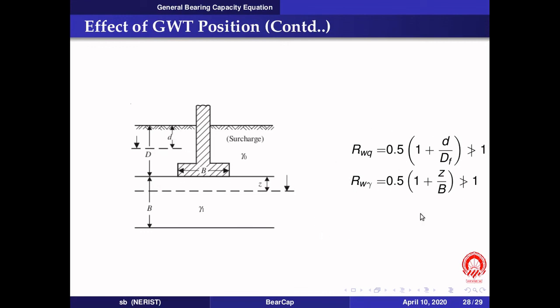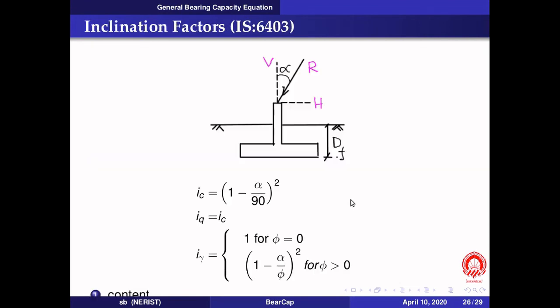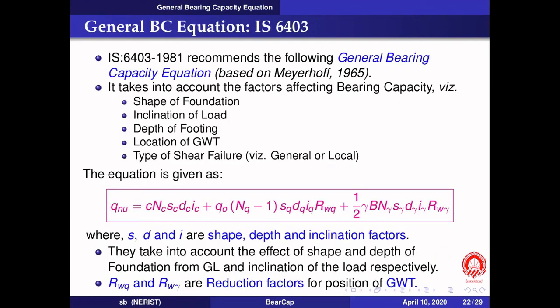So that's how this reduction factor for water table position takes into account the change in bearing capacity in the general bearing capacity equation.